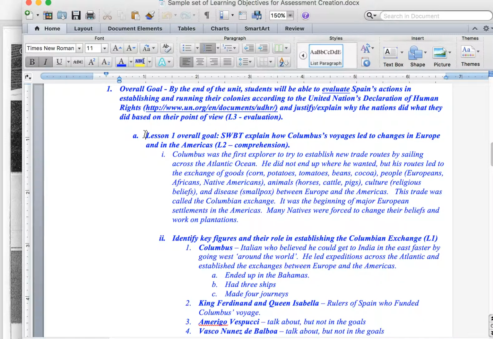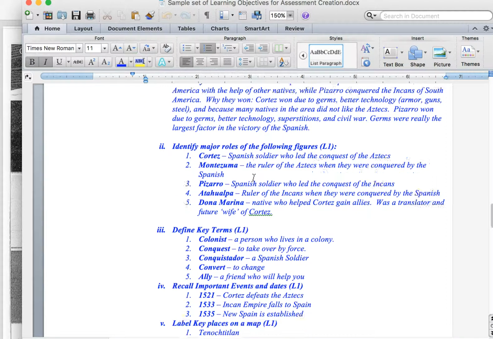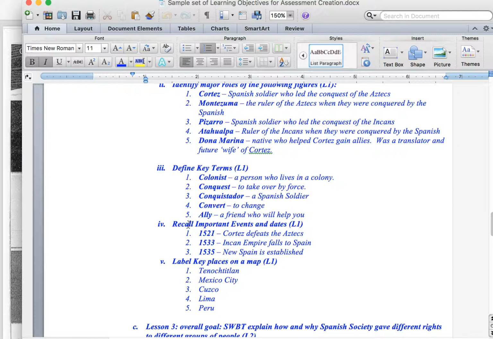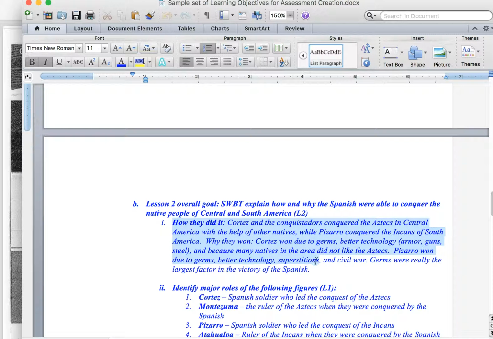And when we look across lessons, like lesson 2, I have the same thing, a comprehension or application level goal here. In this case, I have more new figures, more new terms, events, and new places. But here, I need to outline how I want things to be integrated. What will they need to be able to do?